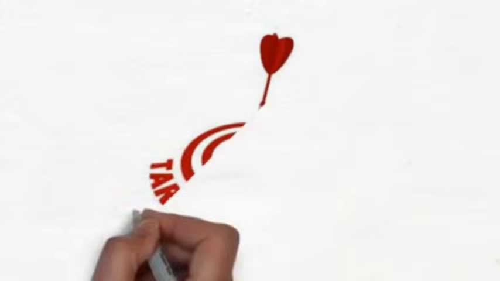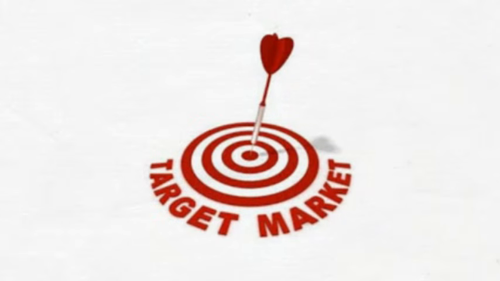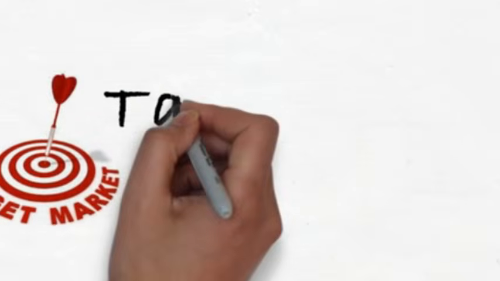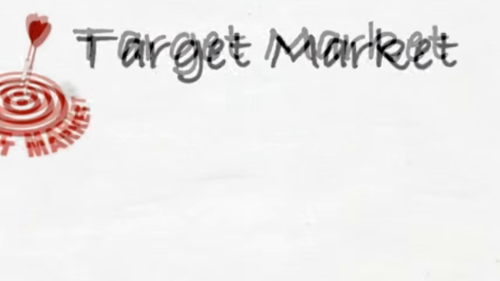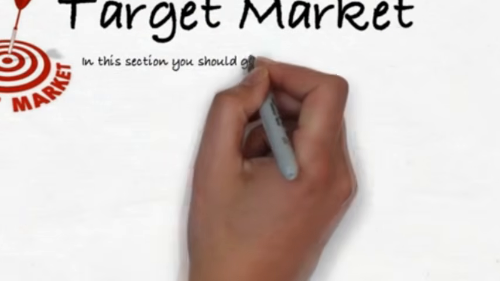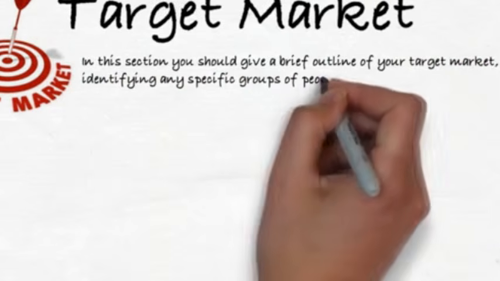It is important to know who a business is targeting as potential customers, so that their products and services can be tailored to meet their needs and to use the most suitable methods of attracting them to make purchases. In this section, you should give a brief outline of your target market.